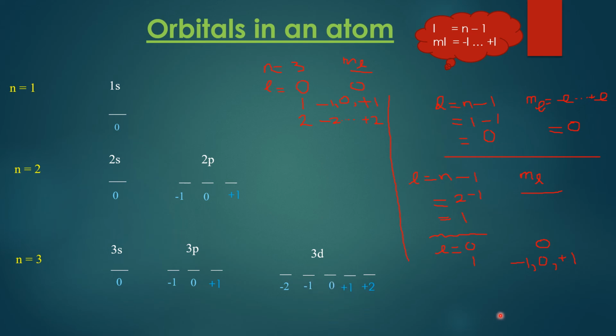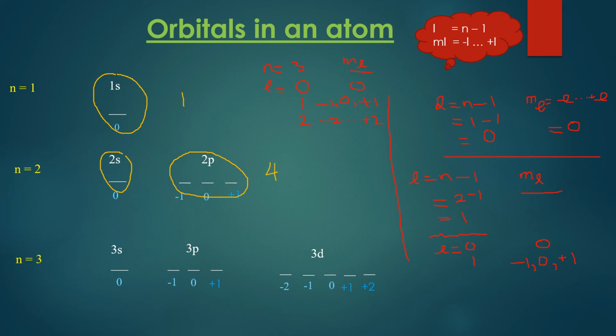So let's count how many orbitals are there in each of the shells. We have the first shell. The first shell contains 1 orbital. The second shell contains a 2s and 3 p orbitals. So altogether there are 4.